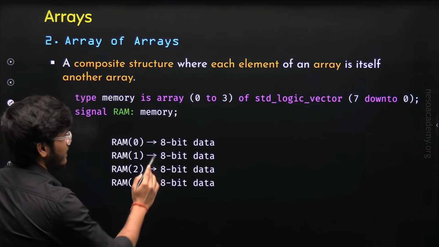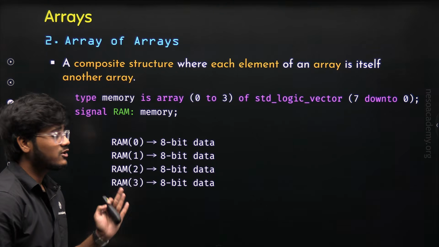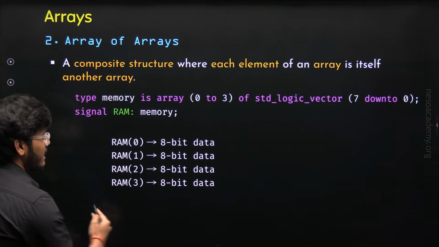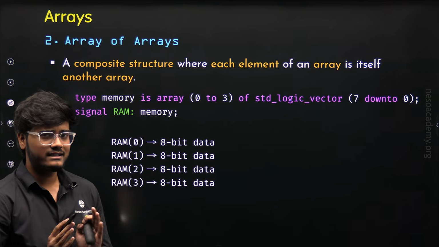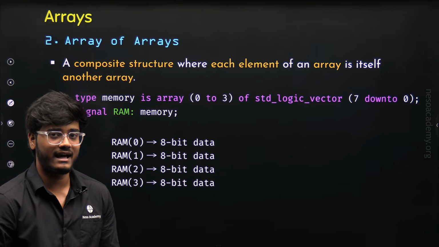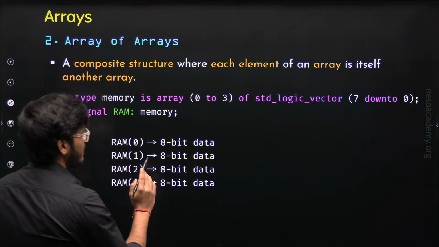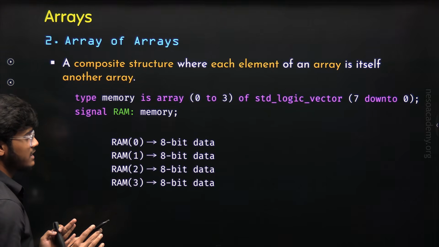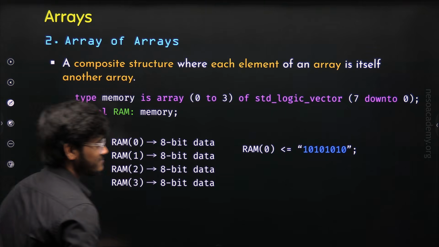So here we are creating 4 multiple arrays and each array contains 8-bit data. So array inside array. I hope you understand why it is called an array of arrays, because it is a collection of multiple arrays. Now let's see how to assign a fixed bit sequence inside an array. For example, if I want to assign 8-bit data inside this RAM 0 array, let's see how to assign it using a signal assignment operator.